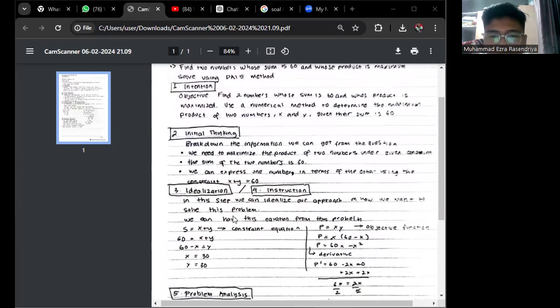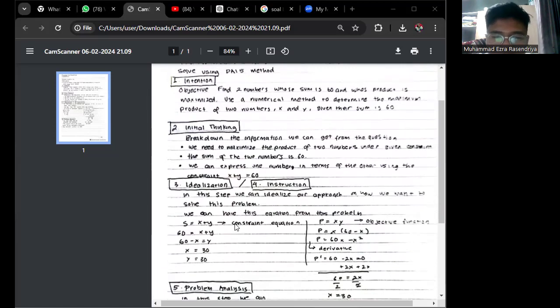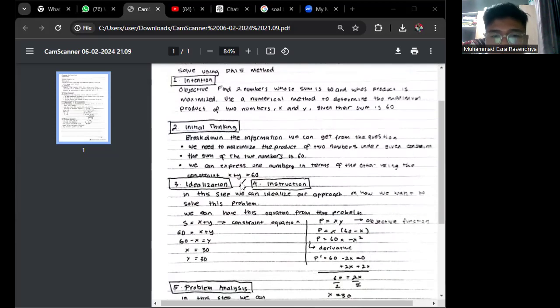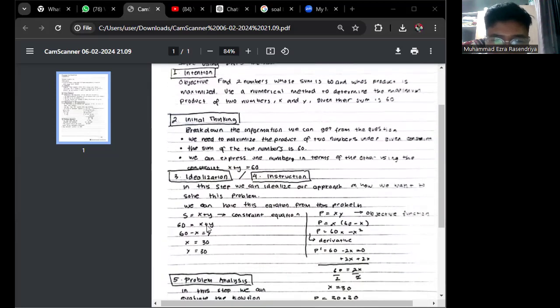Okay, now we move on to the next step, which is idealization. In this step, we can idealize our approach on how we want to solve this problem. We can get some equations, two equations actually. First we have the sum, which is x plus y.